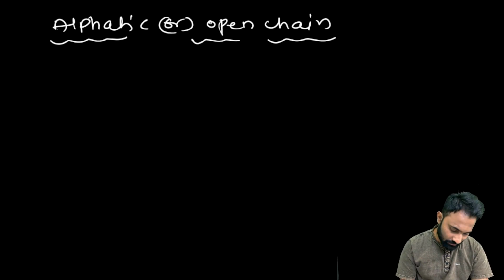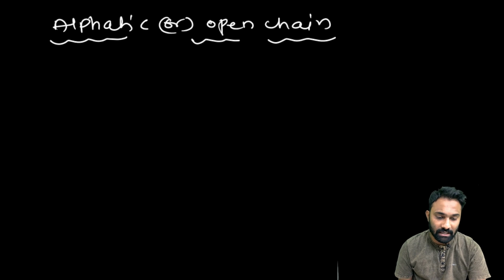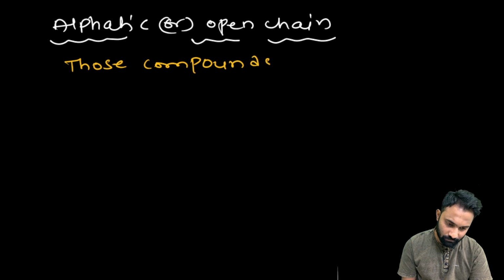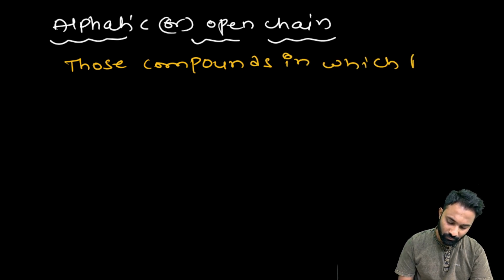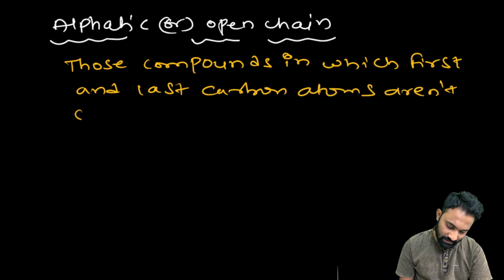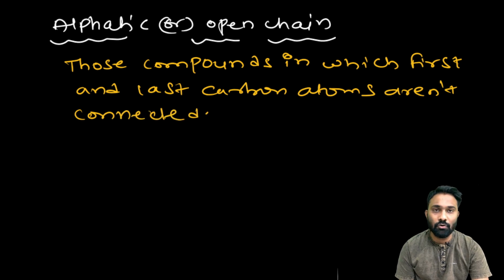Now what is the meaning of aliphatic or open chain? Those compounds in which the first and last carbon atoms are not connected.